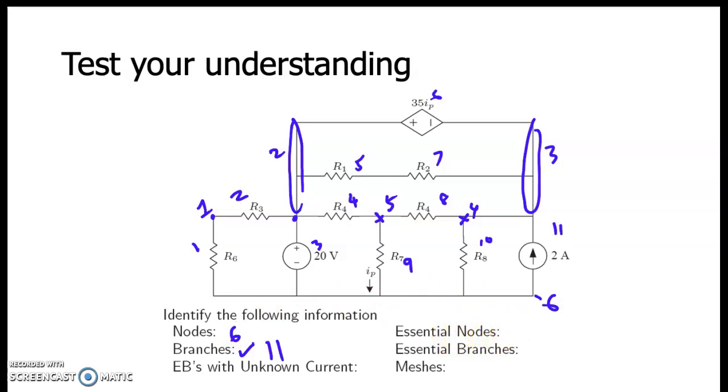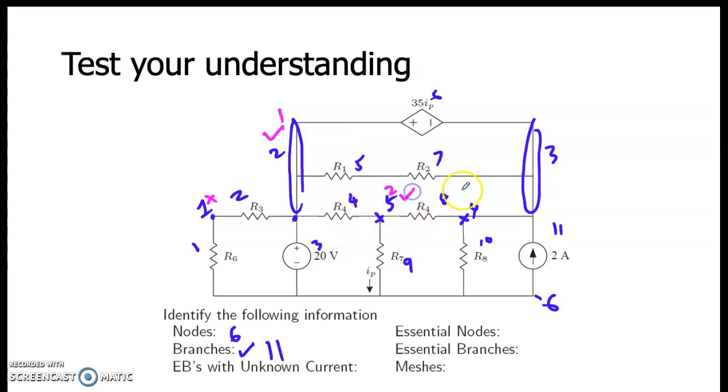Now, what are essential nodes? They are nodes with 3 or more branches connected together. Let's say, which one? This one, is it essential? No. How about this one? Yes, because it is connected by 1, 2, 3, 4, 5, right? This is number 1. How about this one, 1, 2, 3, yes.